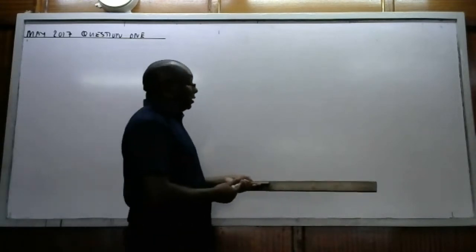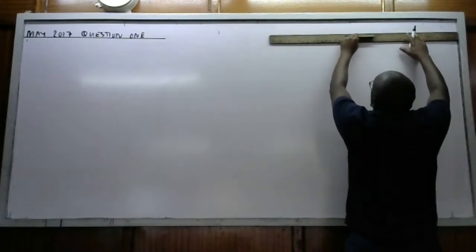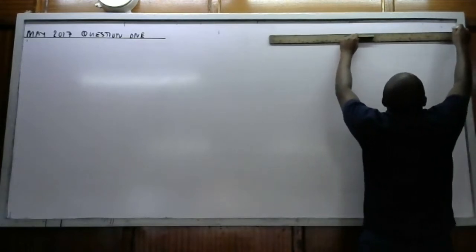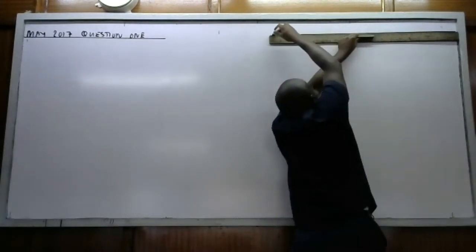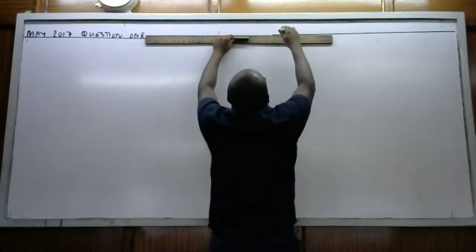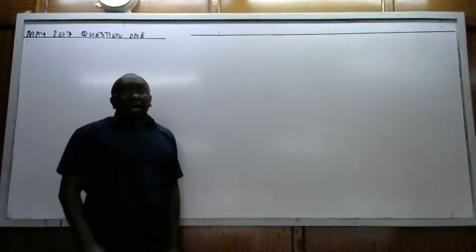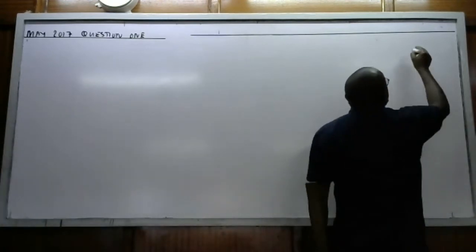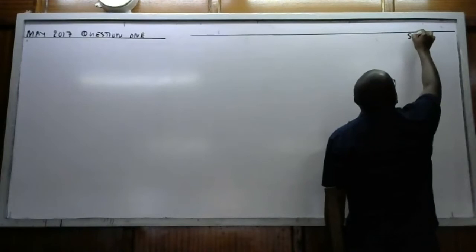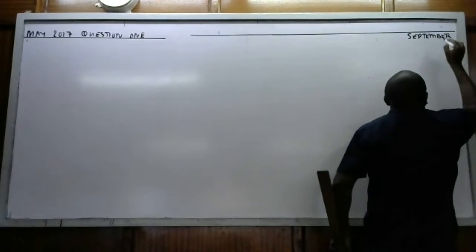So part B of that question is the cash budget, and this one for the month ending September.